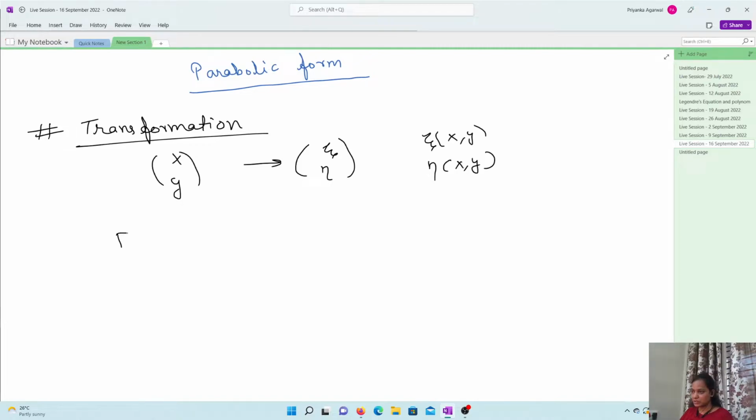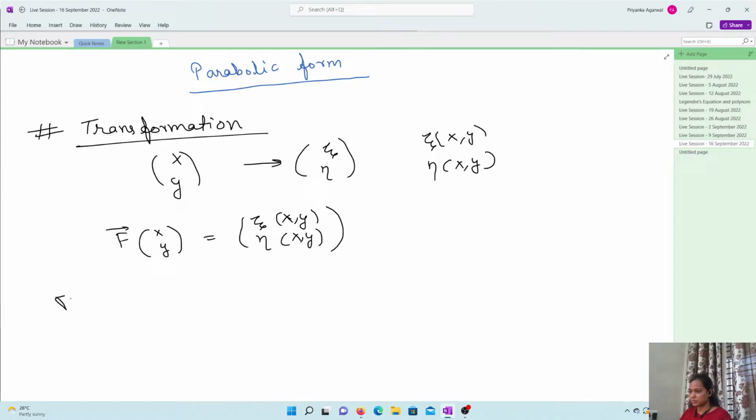So if any function is written in the form of x and y, then it can be written in the form of xi and eta, where they are also functions of x and y.